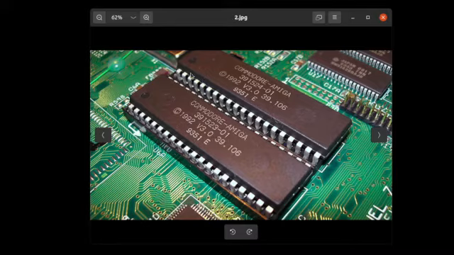Here is the image of ROM. It is attached to the motherboard, and there is not too much information in it. There is only boot information of your computer, of your OS.